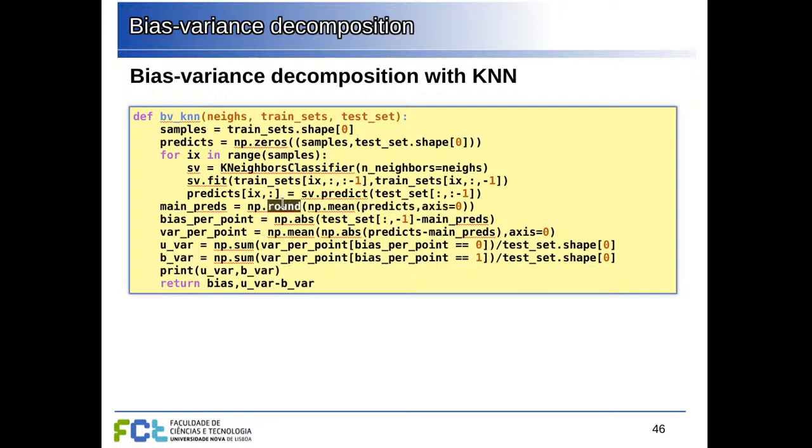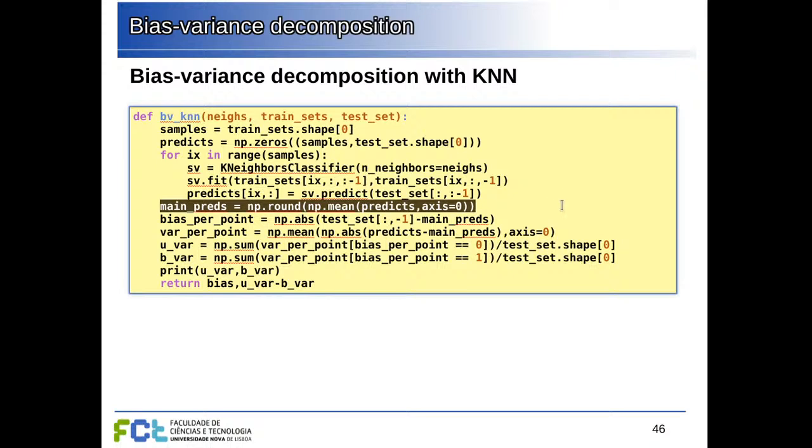If the majority vote for a point is 1, this will give us a value that is higher than 0.5, and so it rounds up to 1. If most of them give the class 0, then when we average, we'll have something that is below 0.5, and this will round to 0.